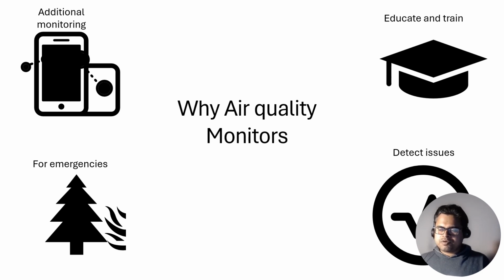It could also be quite vital in certain emergencies like a forest fire to check on exposure of people around that area and accordingly apply certain protective measures like use of air filtration. And in locations where there are no existing monitoring systems, so for those buildings, air quality monitors can be used to spot if there are any issues with air quality and hence if any corrective measures are needed.